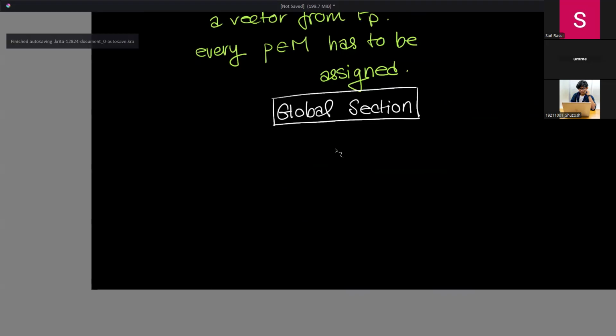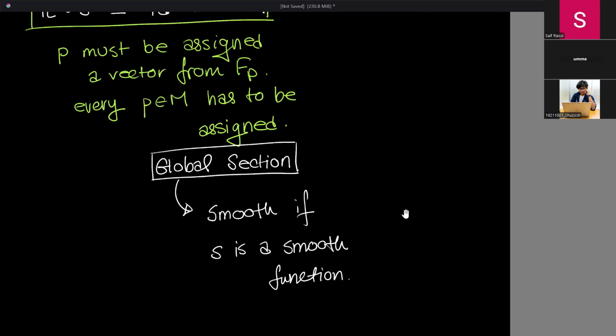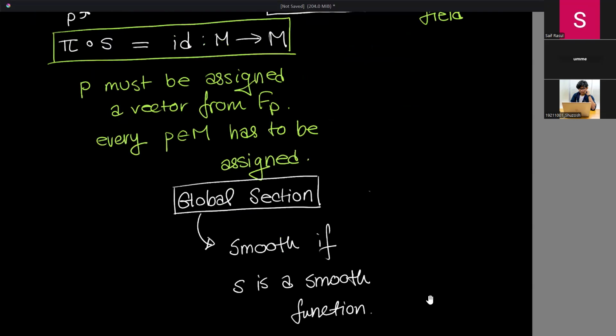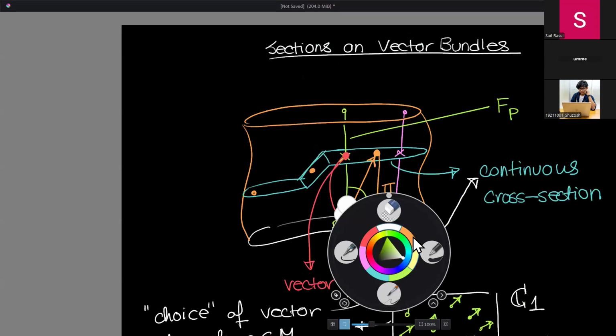And the section is smooth if S is a smooth function. In that situation, you would get, let me draw that in a different color.